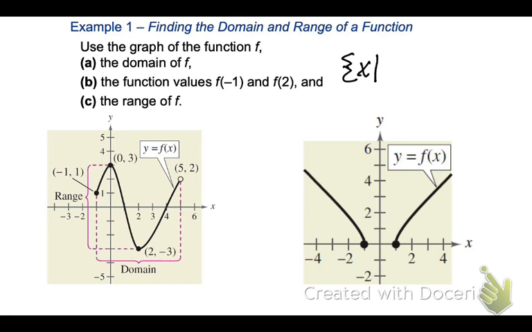-1. So x is less than or equal to -1 or what? Or greater than or equal to what? 1. Now you could write it in interval notation and you would have to do negative infinity, -1, bracket, union, 1 to positive infinity.